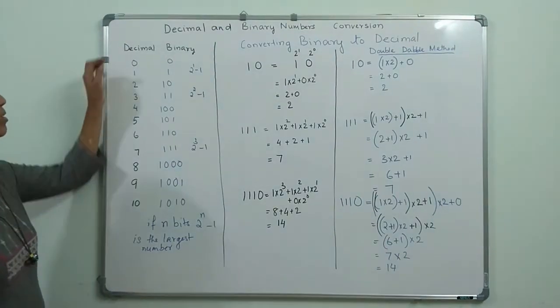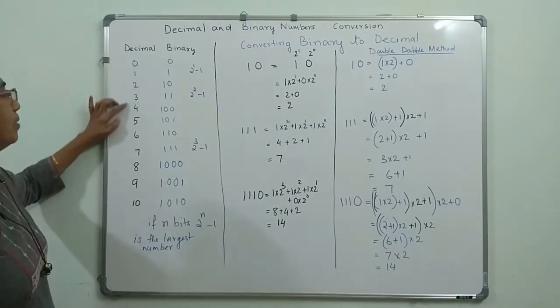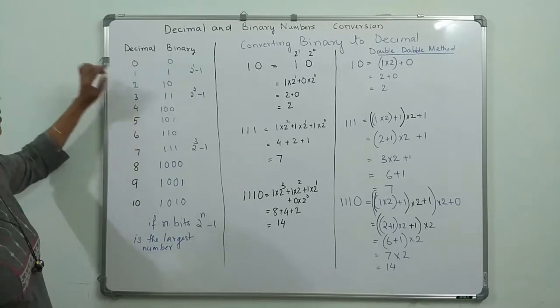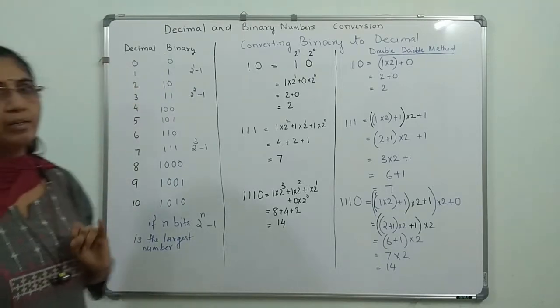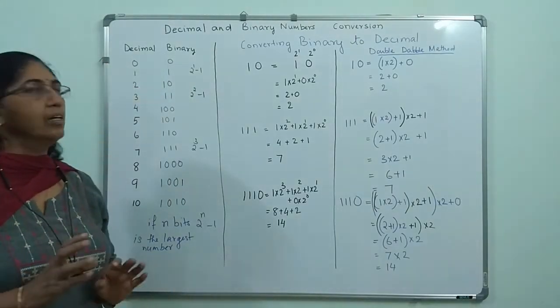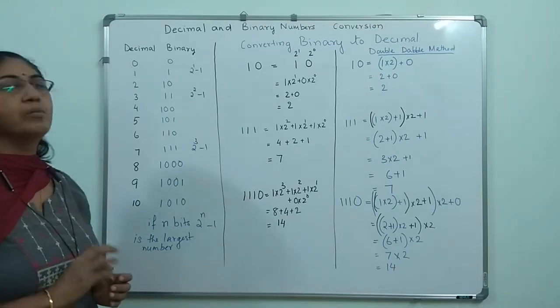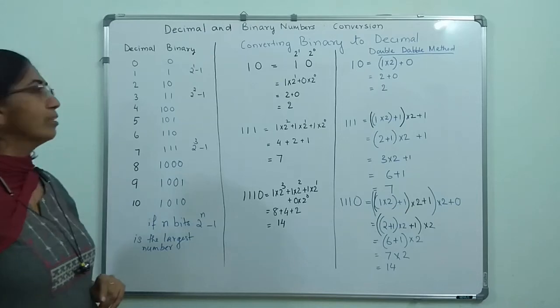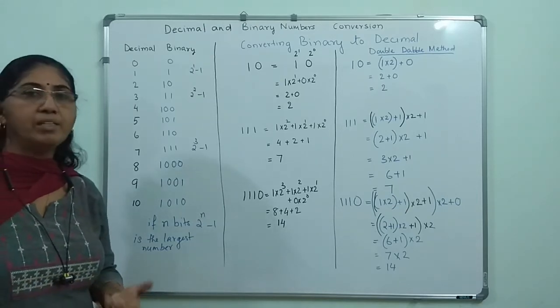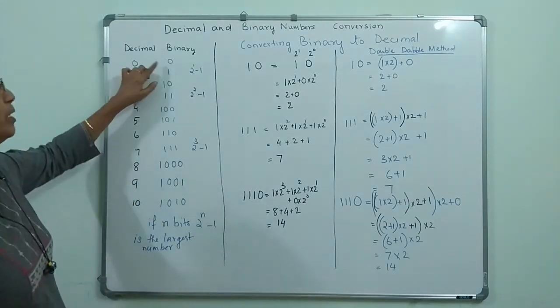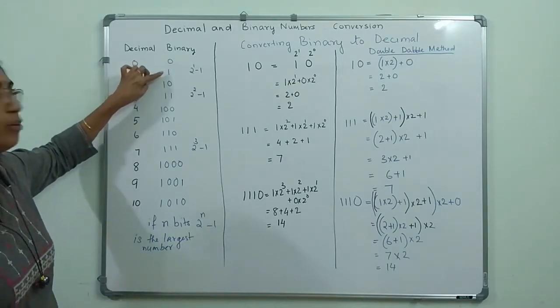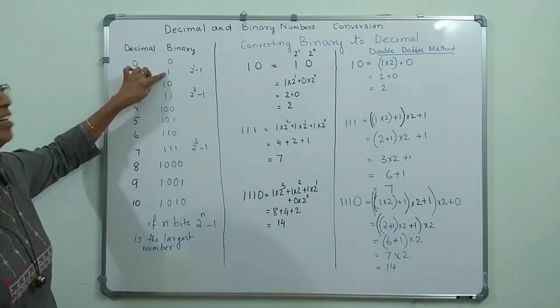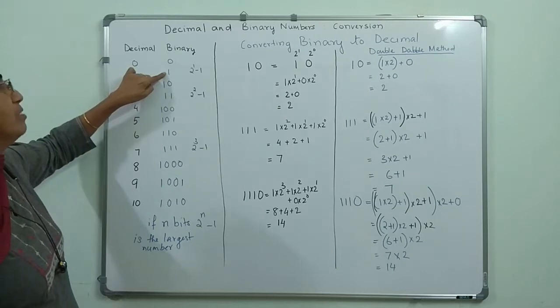So you can see here the decimal numbers and the corresponding binary numbers. Suppose you have only one bit. You are representing binary numbers in certain positions. Suppose in that memory location there is only one bit. We gave the concept of a bit in the previous class. One bit means it can either be 0 or 1, isn't it? Yes, 0 or 1 is the value.